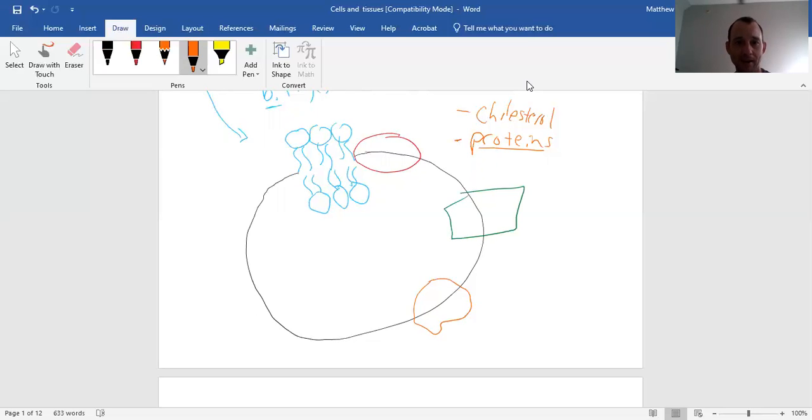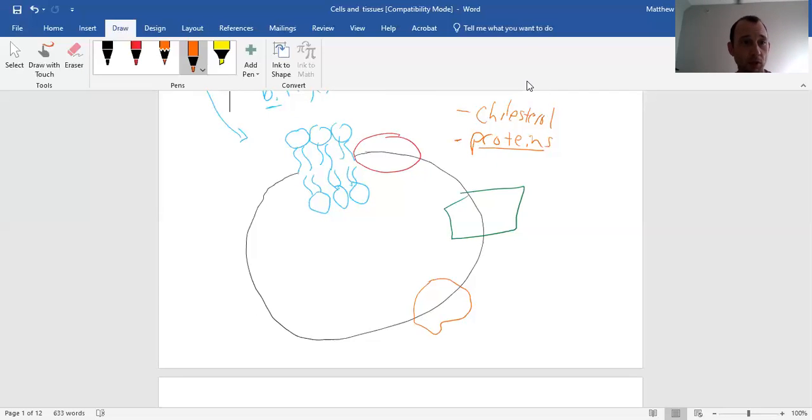In fact, if we added it up, around 40–45% of your cell membrane is phospholipids, and the other 40 to 45% would be different proteins, and then the rest of it's made up with the cholesterol and things like that. So the 2 major components of your cell membrane are the phospholipid bilayer and proteins.